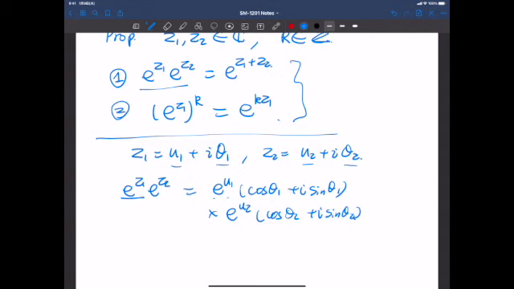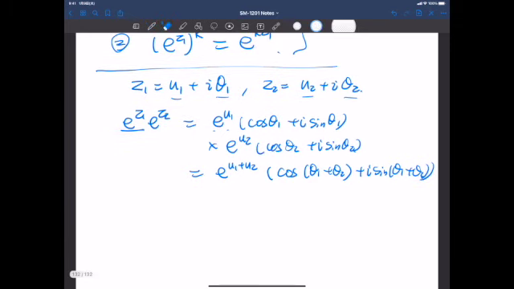So just expand all this, and in the end we have e to the power of u1 plus u2 times cosine of theta 1 plus theta 2 plus i sine of theta 1 plus theta 2.